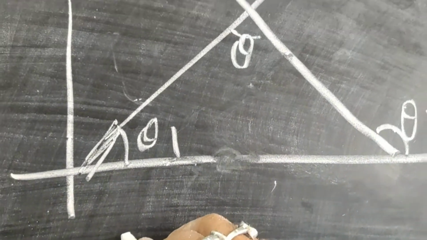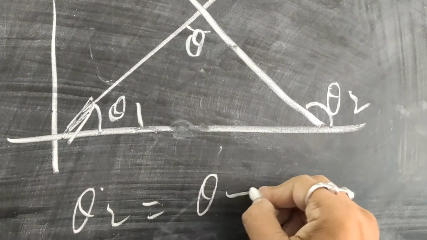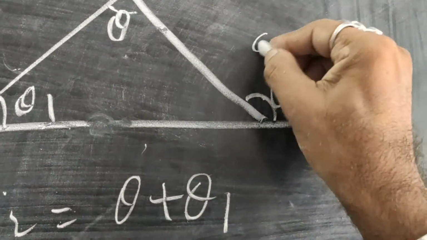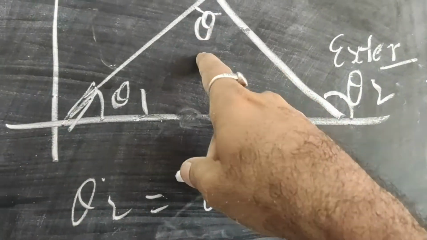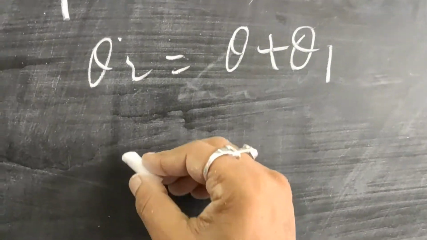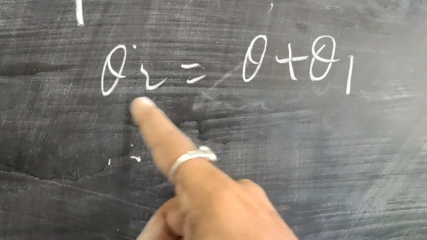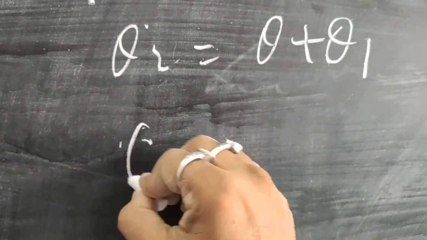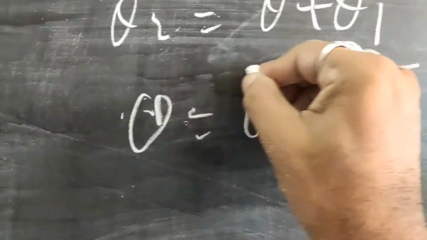We can say theta 2 equals theta plus theta 1. Why? Because it is an exterior angle, therefore theta 2 equals theta plus theta 1, right? So theta is equal to theta 2 minus theta 1.